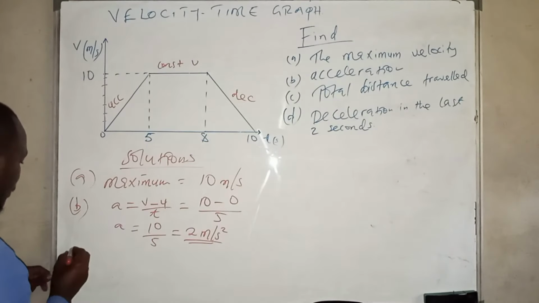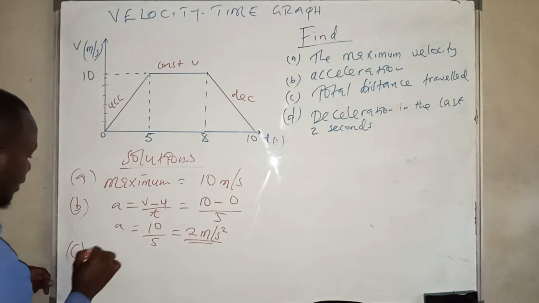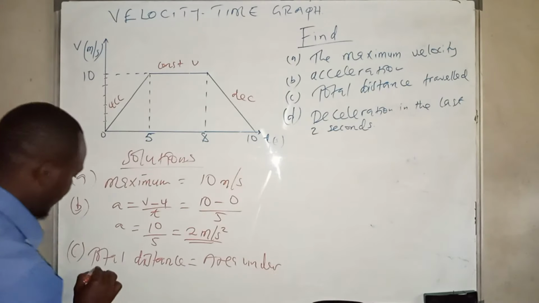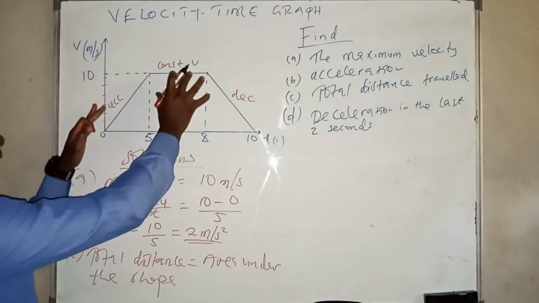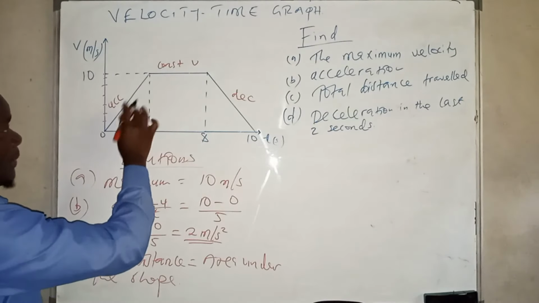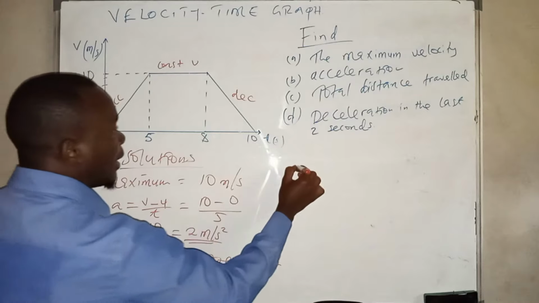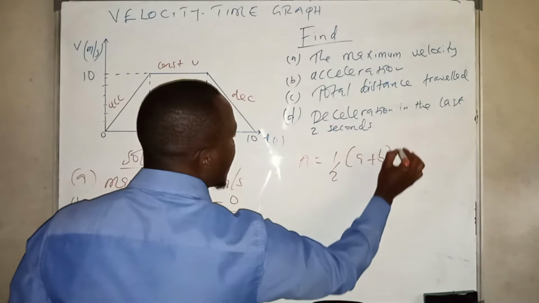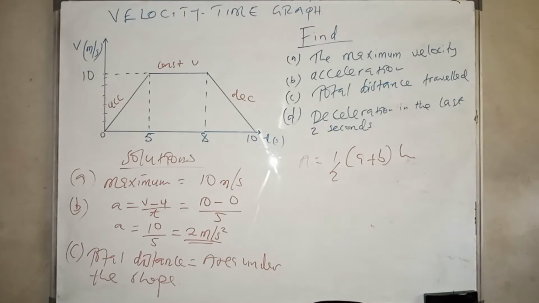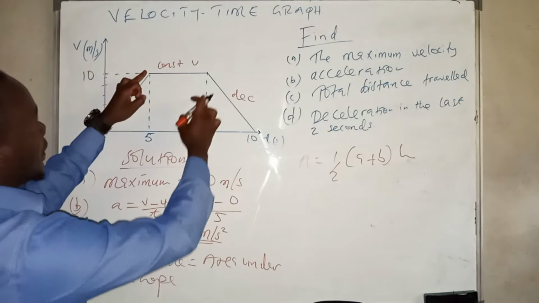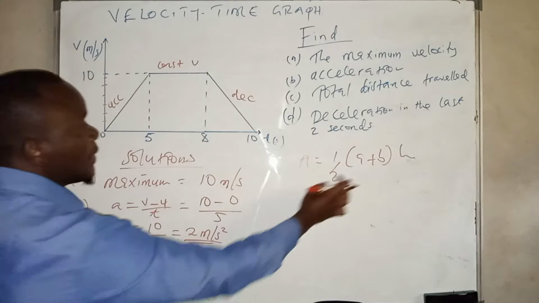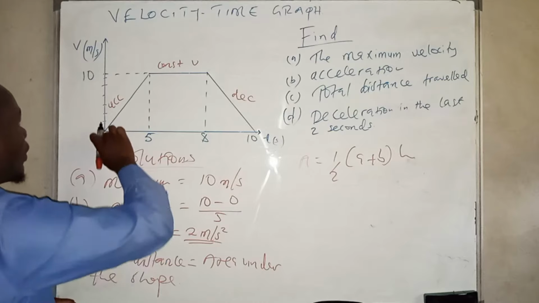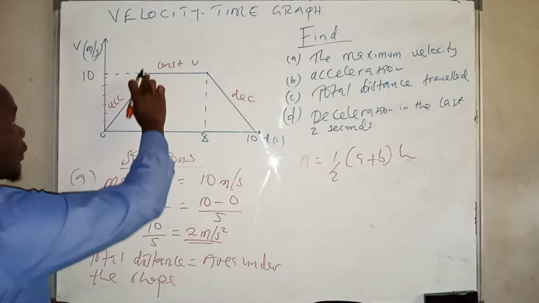So let's say part C, total distance is equal to area under the shape. The shape that we have here is a trapezium, so we're going to use the trapezium way. The formula is half (A plus B) times H. Our A is from this point to this point, our B is from this point to this point, and our H is from this point to this point.